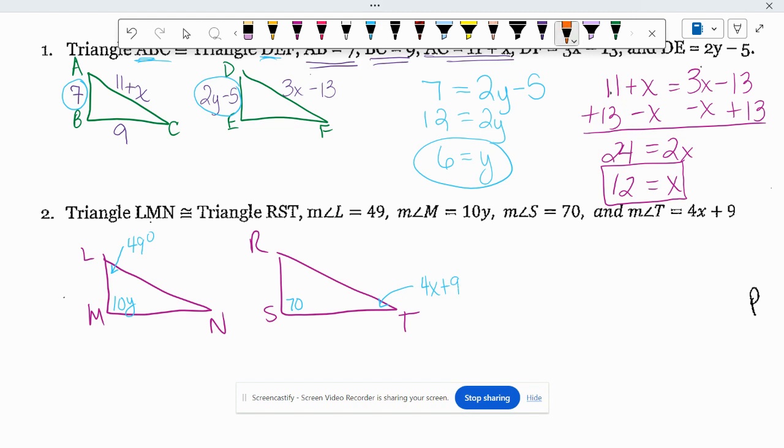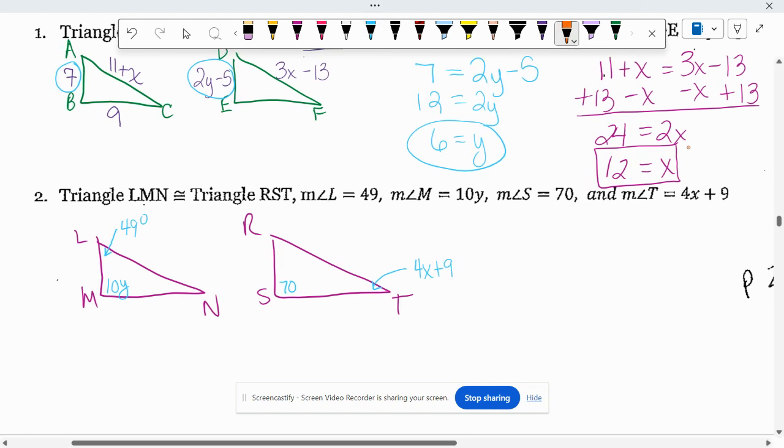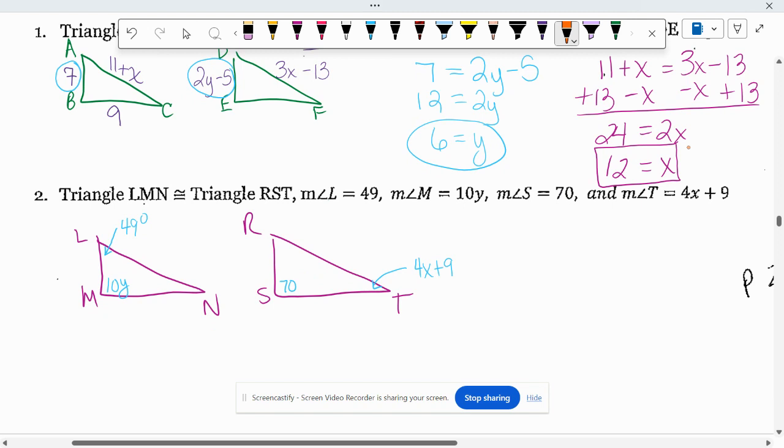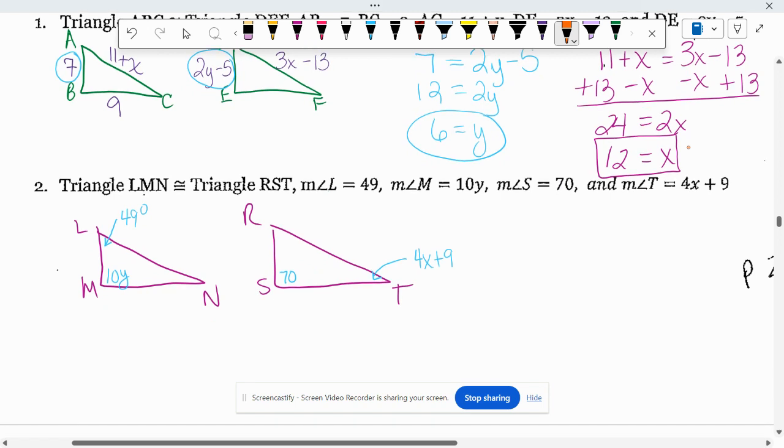So are there any corresponding angles that we can set equal to each other? What do you think, Josue? M has to be congruent to S, right? So let's just set those equal to each other. 10y has to equal 70.